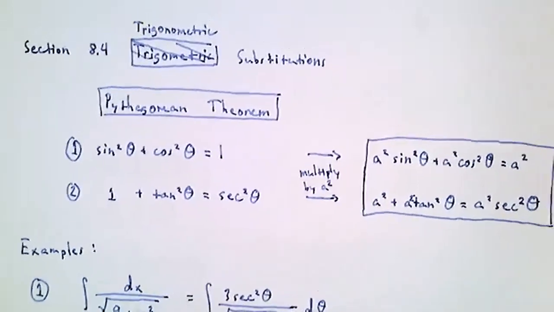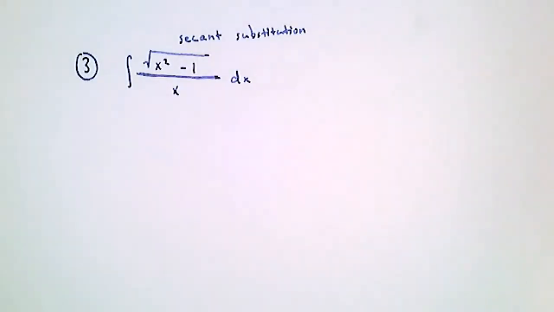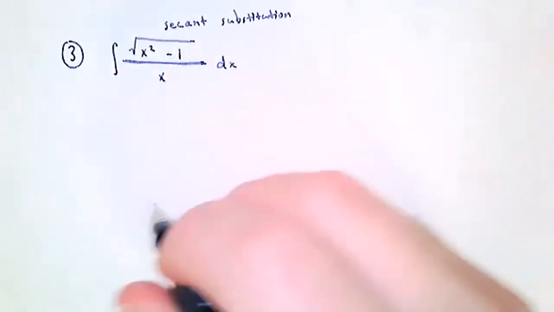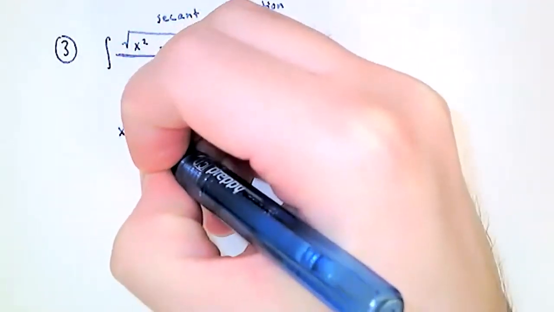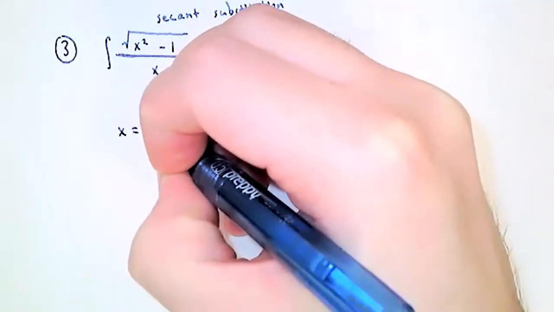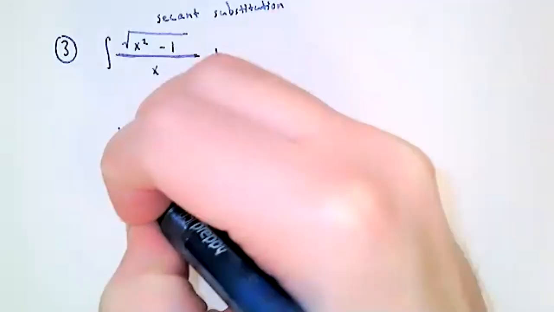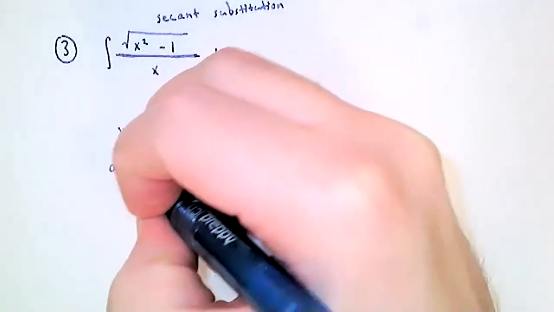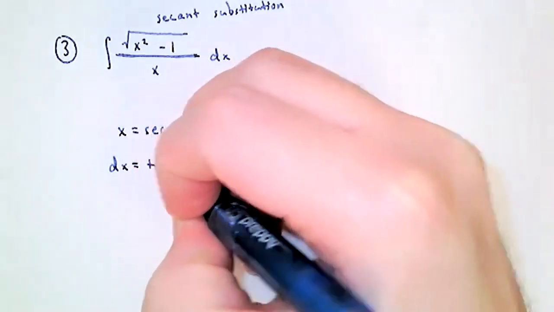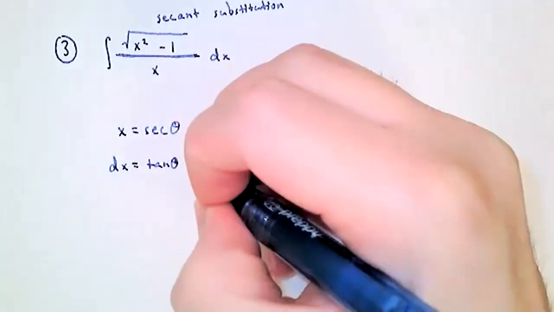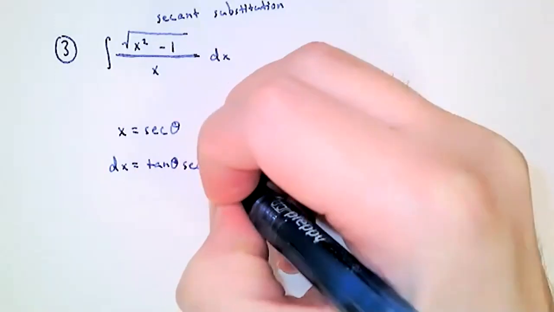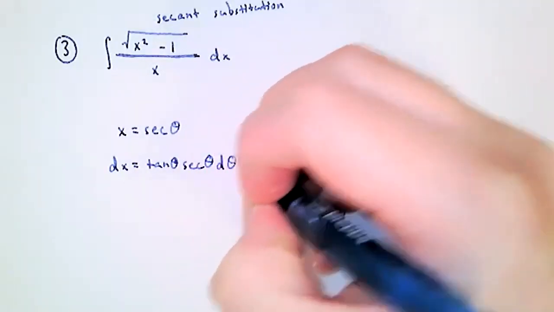So that's going to be the reason why we use this one. So x is going to be secant, which makes dx tangent times secant, the derivative of secant, and then d theta.